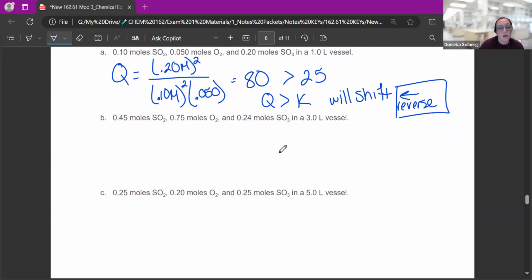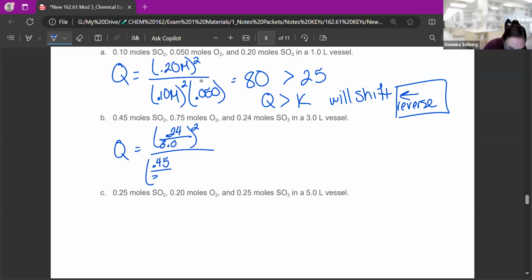You do have to calculate the molarity before you plug them in and then figure out which way they're going to shift. So I would go ahead and do that now. And then I'm going to show you how they would get set up. So your work should look something like this. I'm just literally going to plug in the moles over the liters for these. Oh, that's 3. You do have to calculate the molarity. If you do not include that 3 for the volume, you're going to get the wrong answer.